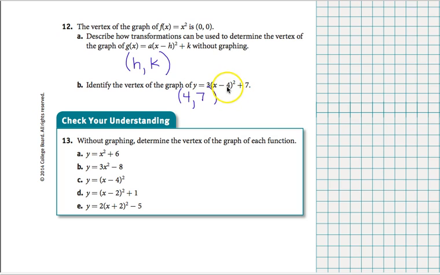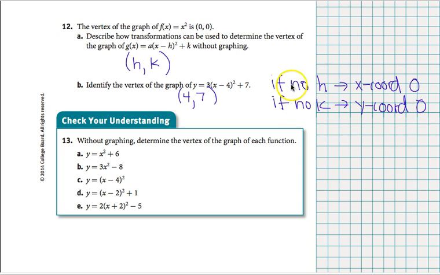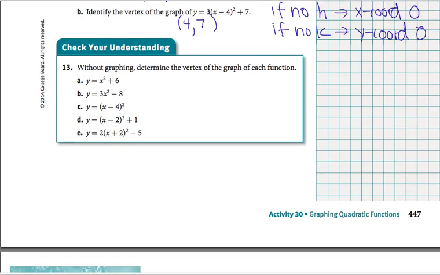Now, if there is no H value, then that means the X coordinate is 0. If there is no K value, that means the Y coordinate is 0. Because there are no shifts if the value is 0. So you're going to be working on these for your homework, determining the vertex.